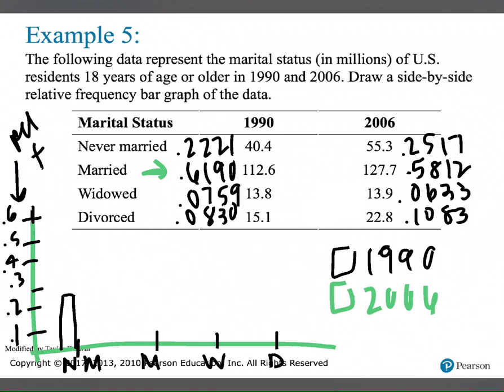For married was 0.61. That I'm going to get up here in that one. Try to make your bars straight. As you can see, it's a little difficult for me. Widowed was 0.07. And divorced was 0.08, which I know those are kind of hard to draw. I should actually make them a little shorter.